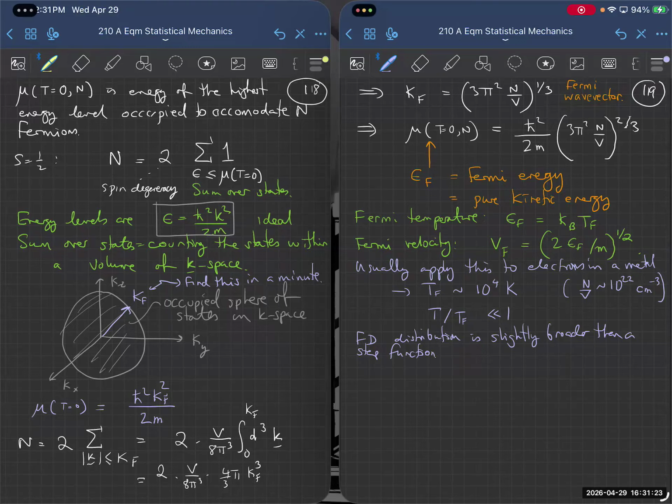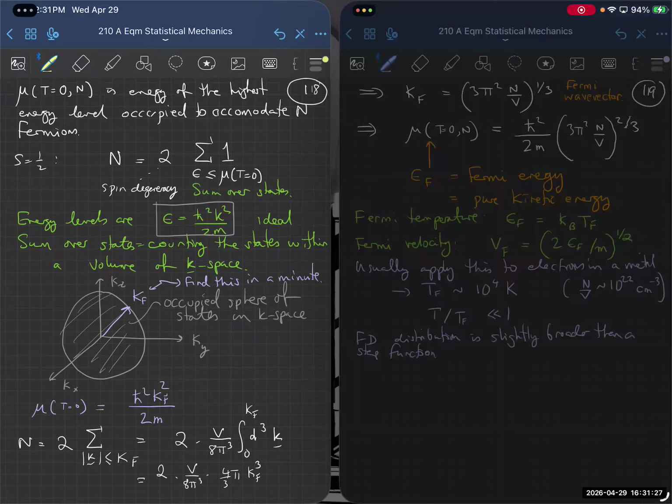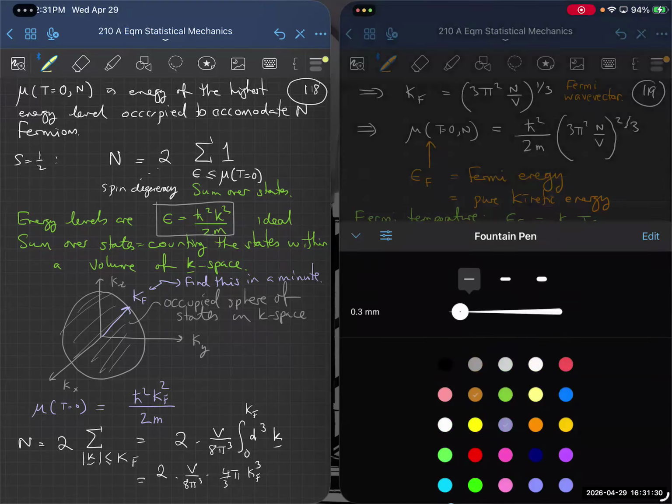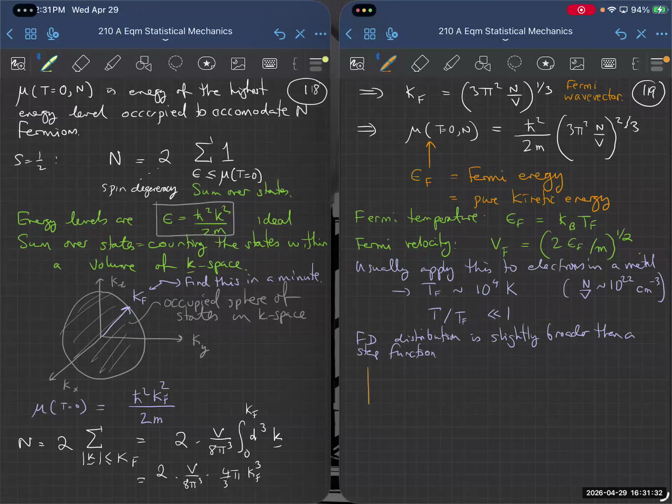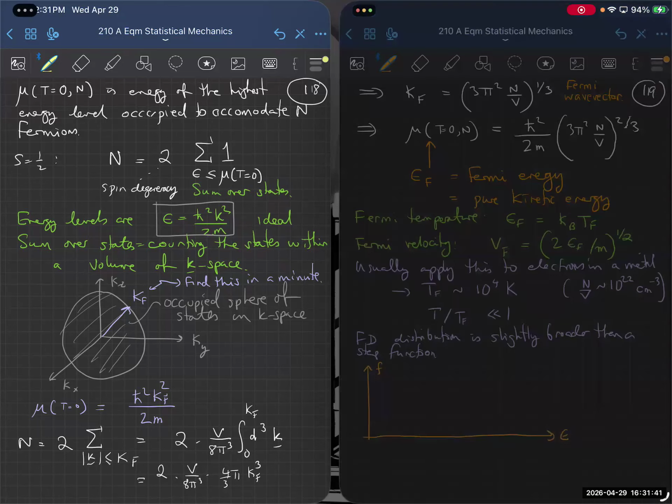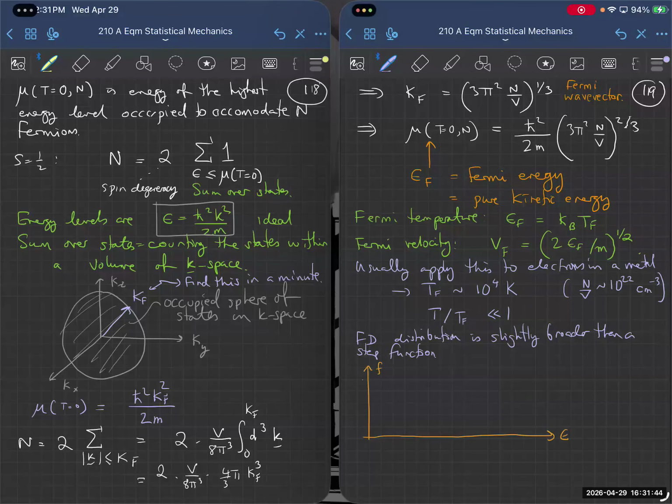And so now we're going to talk about what that is. Let's draw a picture of what Arvind was just asking about. So here is our Fermi-Dirac distribution. Here is 1 and 0. Somewhere here is our Fermi energy, and I'll draw in blue the 0 temperature behavior.